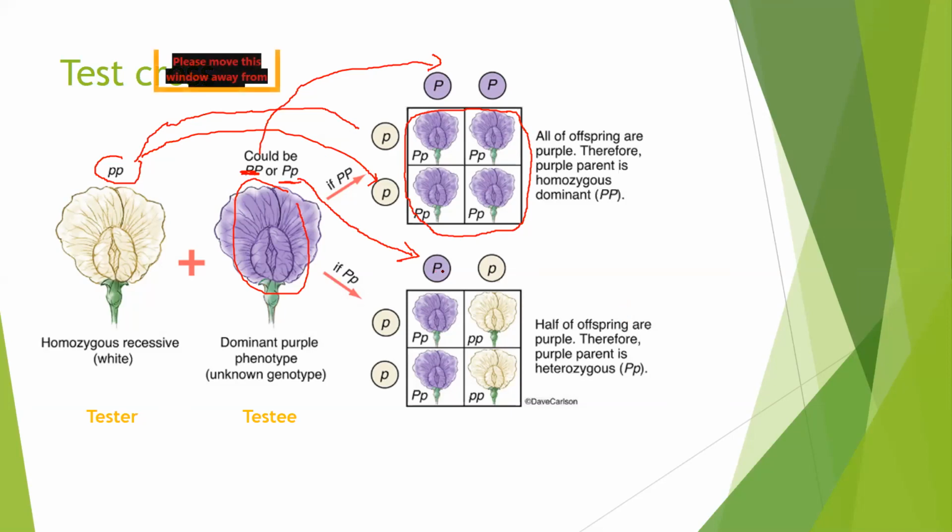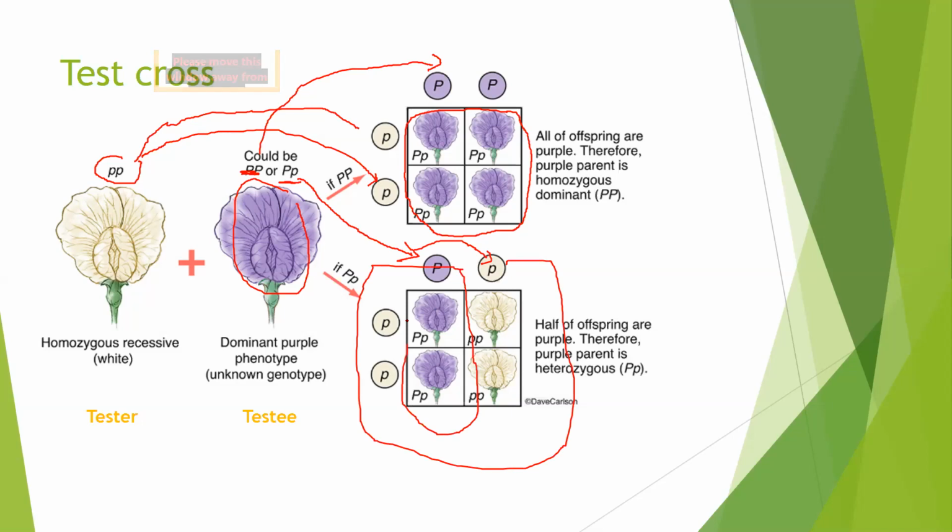Half of the gametes will carry big P, and the other half will carry the small p. So looking at the progeny from this cross, half of the progeny will be colored flowers, the purple, and half will show no color.